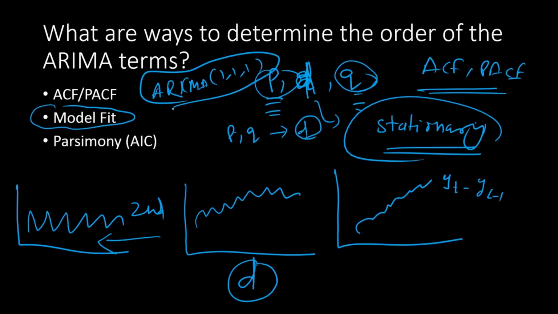That means you could go ahead and finalize ARIMA(1,1,1) as your final model. But that's not the correct way of doing it, because you can actually check how ARIMA(2,1,2) behaves.